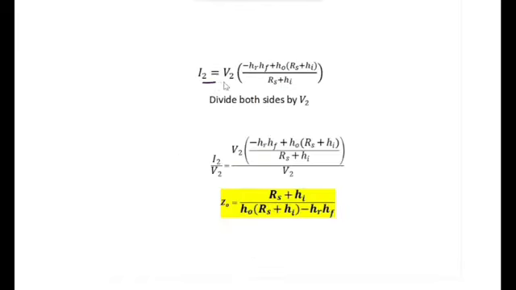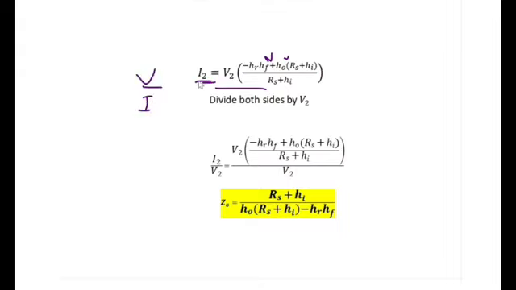I2 is equal to V2, that is we have taken V2 as common, because there is a V2 term here and a V2 term here, and then the equation will be this. And we divide this equation on both sides by V2, because we have to get the output impedance, and V by I is impedance.